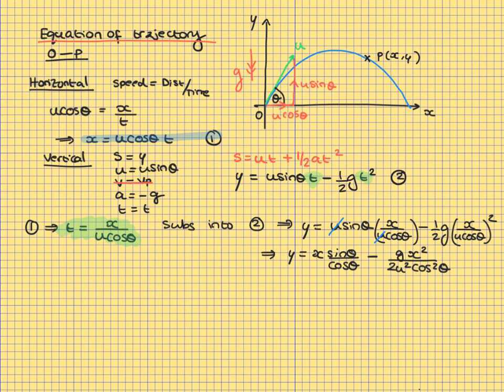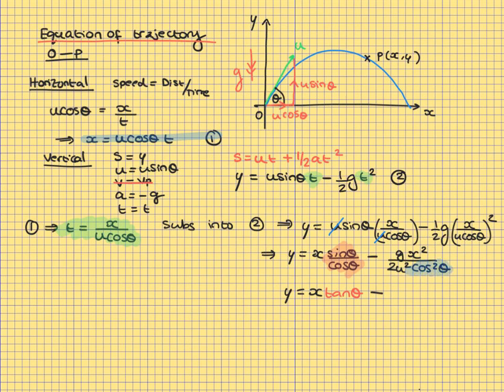Now the last small bit of simplification that I'm going to do is to remind myself that sine theta over cos theta is the same as tan theta. So I can rewrite this as y equals x tan theta. And then this part over here, 1 over cos squared theta, is of course the same as sec squared theta.